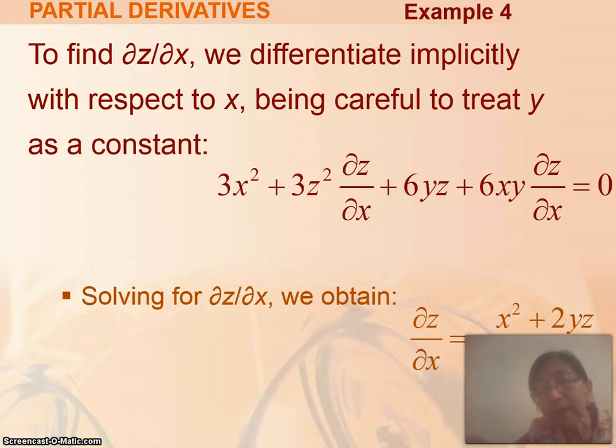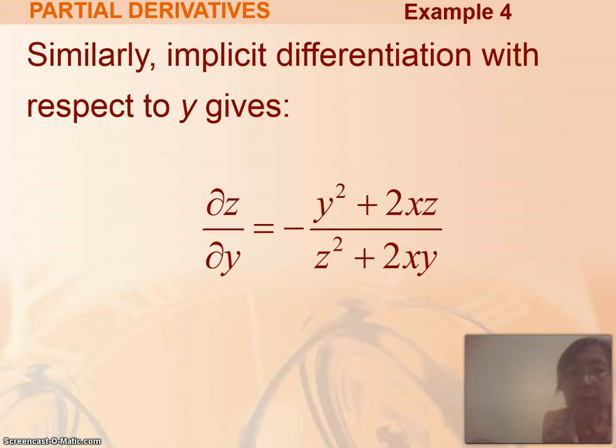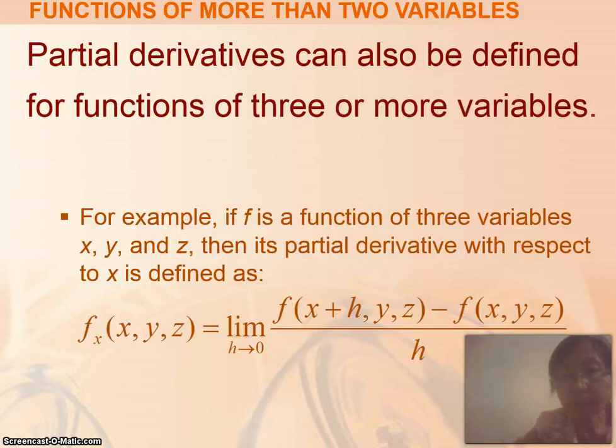Solving for dz/dx, we obtain that dz/dx equals minus (x squared plus 2yz) over (z squared plus 2xy). Similarly, implicit differentiation with respect to y gives dz/dy equals minus (y squared plus 2xz) over (z squared plus 2xy).